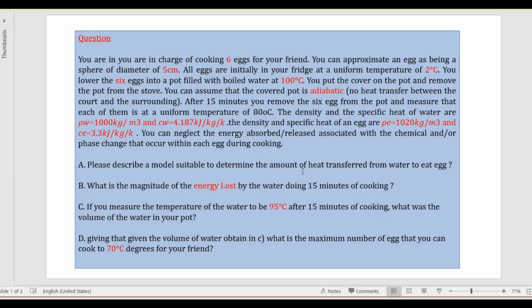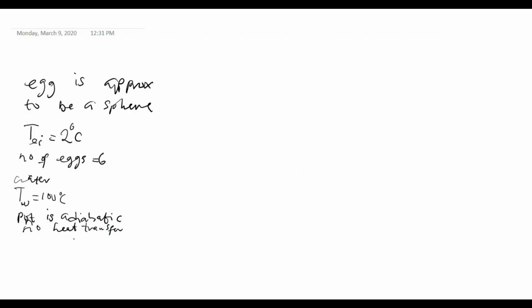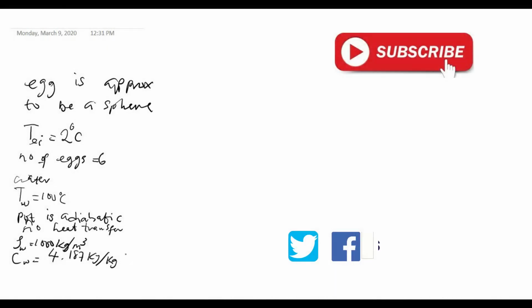So let's take account of that also. Density of water is equal to 1000 kilogram per meter cube, and the specific heat capacity of water is 4.187 kilojoules per kilogram per Kelvin.